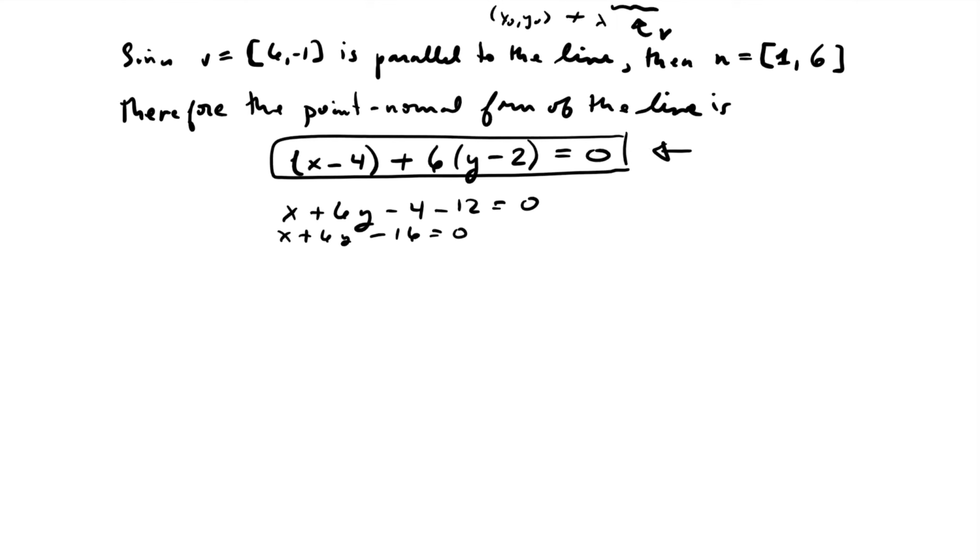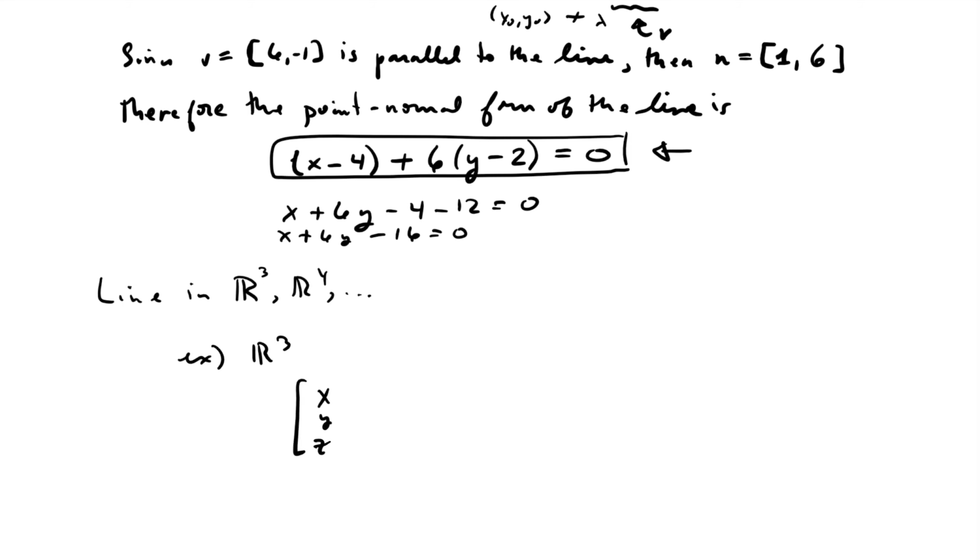Now, if I look at lines in, because the topic was lines in Rn, in R3, R4, the only difference is that, for example, in R3, you're going to have a third component.